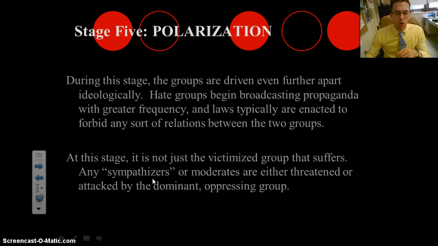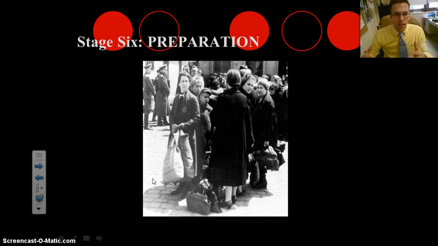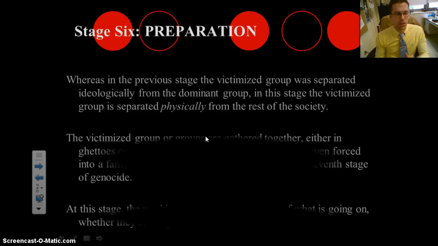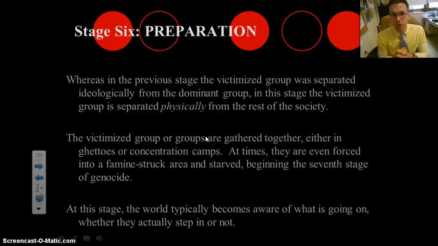Okay, so on to the next one, preparation. Okay, this is where the dominant group physically separates the victimized group from the rest of society. This will be the ghetto system in Nazi Germany or throughout the Third Reich. So again, to have a mass extermination, you have to have all of the people in one spot.